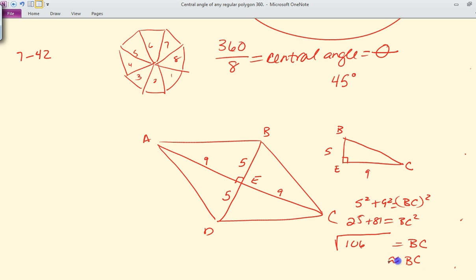BC then is approximately 10.3. Therefore, the perimeter is 4 times the square root of 106, which is approximately 41.18 units.